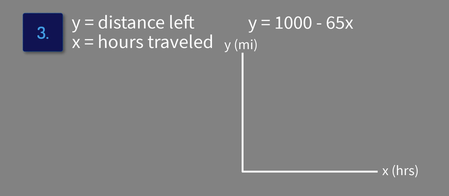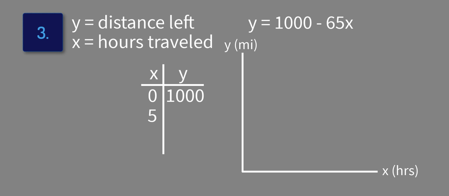And we'll go ahead and make our chart right over here. When x is 0, y is 1,000. So when he first takes off on his trip, he's got 1,000 miles to go. When x equals 5, we have 65 times 5. 60 times 5 is 300. 5 times 5 is 25.